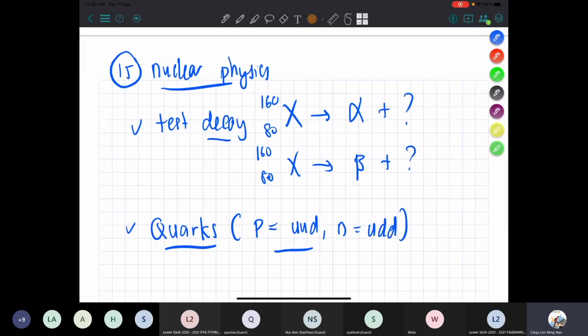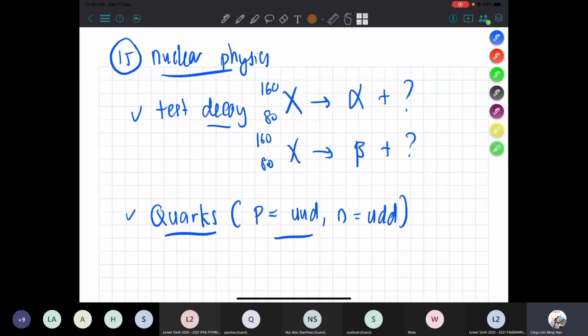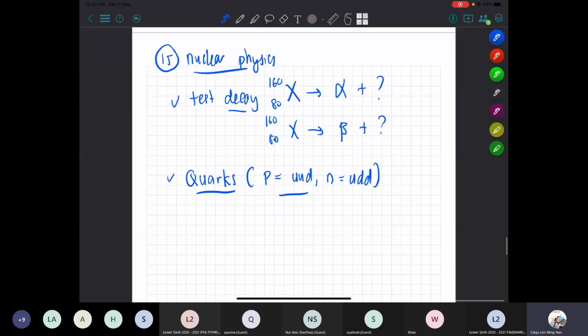And last but not the least, we have the nuclear. For nuclear, we have the alpha scattering experiment. Don't do that first.